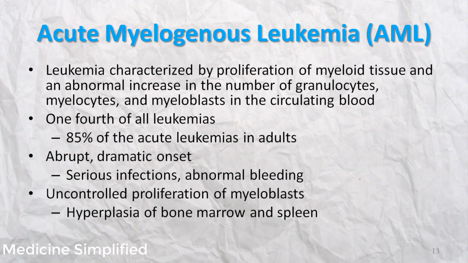It is seen in 1/4 of all leukemias, that is 85% of acute leukemias in adults. It is abrupt and traumatic in onset. It causes serious infections and abnormal bleeding. Uncontrolled proliferation of myeloblasts can cause hyperplasia of bone marrow and spleen.